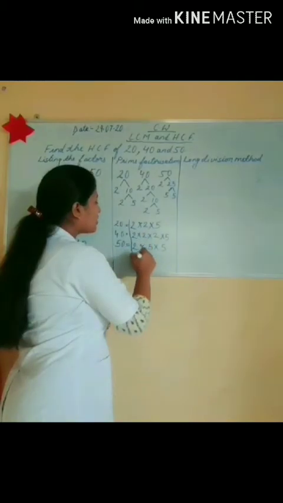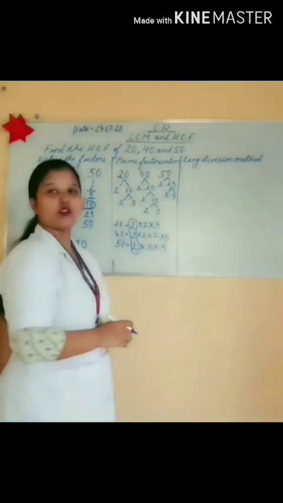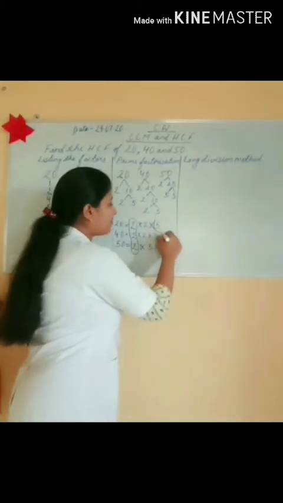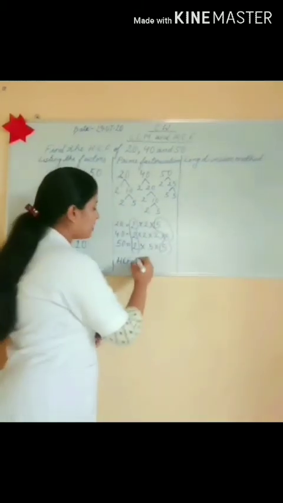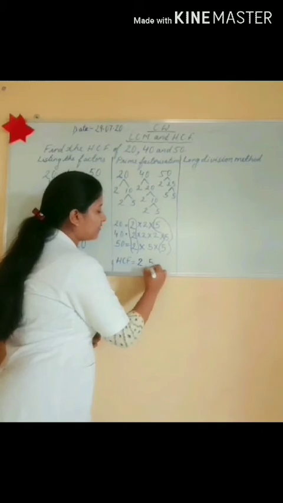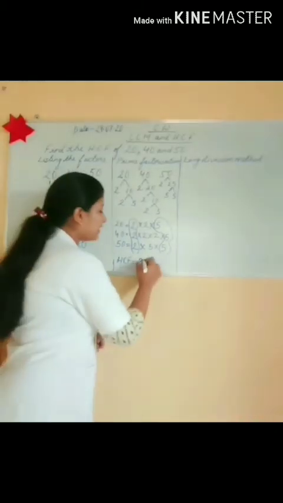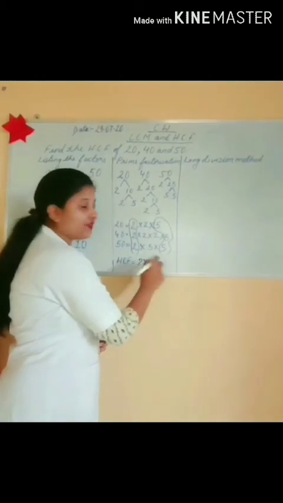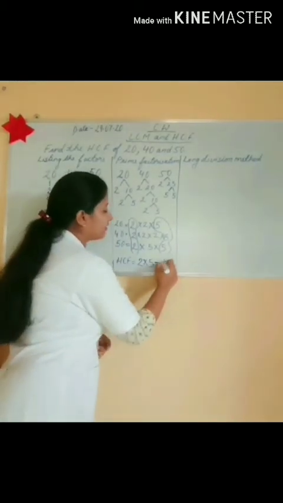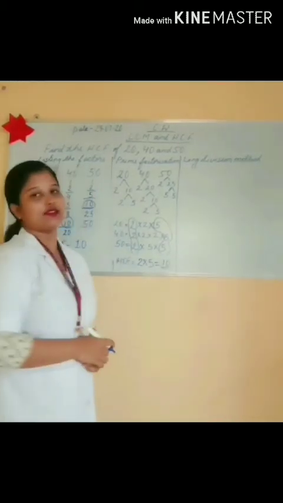You can see 2 is common. Again you can see 5 is common. Now we will write the common numbers here, 2 and 5. Then we will multiply them together. So 2 multiplied by 5 gives 10. So 10 is our HCF.